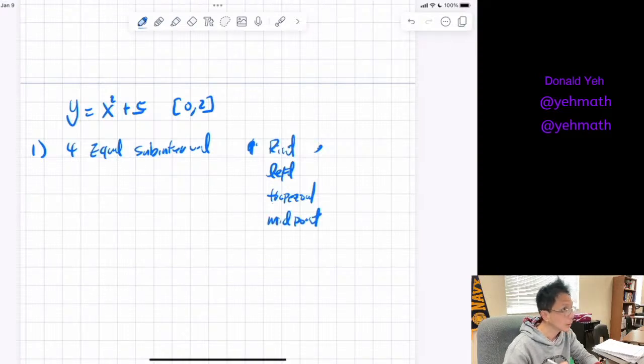Midpoint, I'll probably do 2 intervals, because I want to change the interval to throw you off, and more likely people are going to screw up.